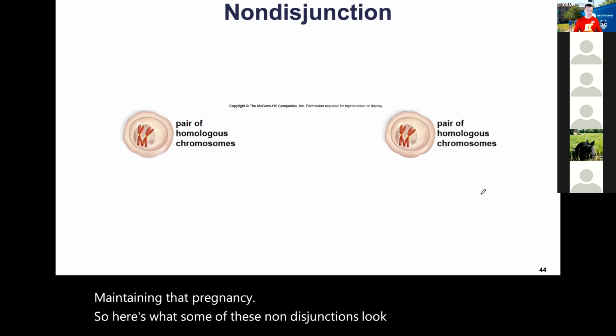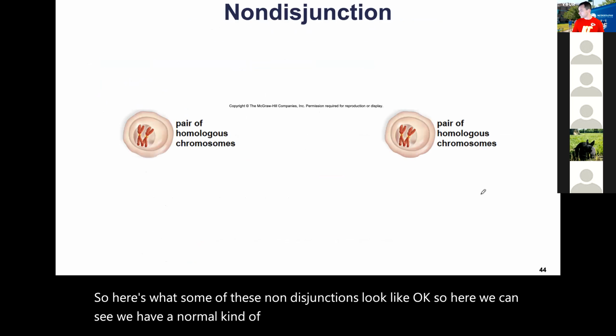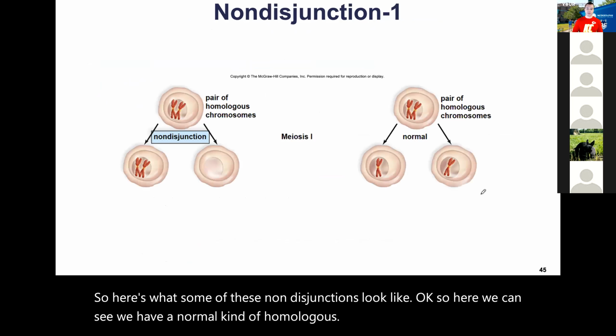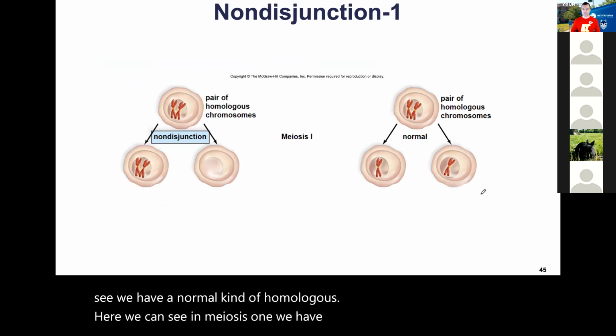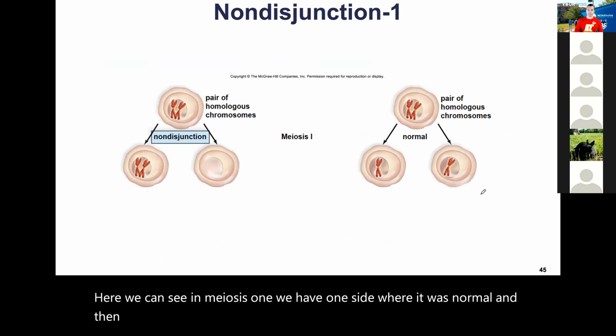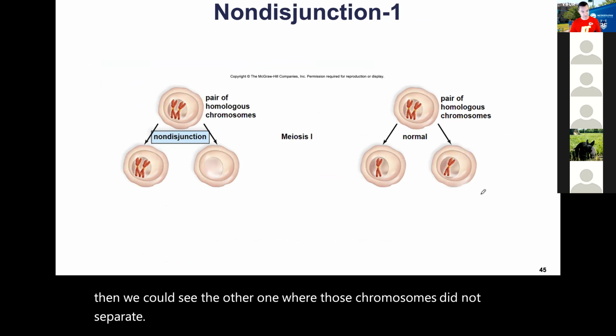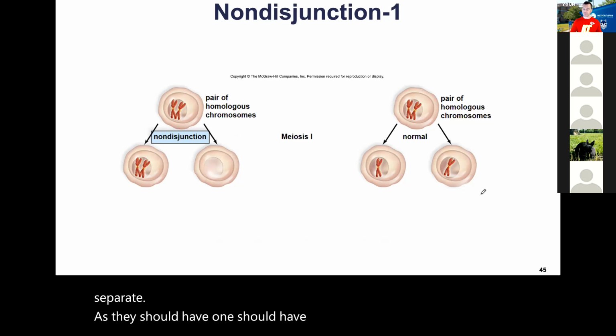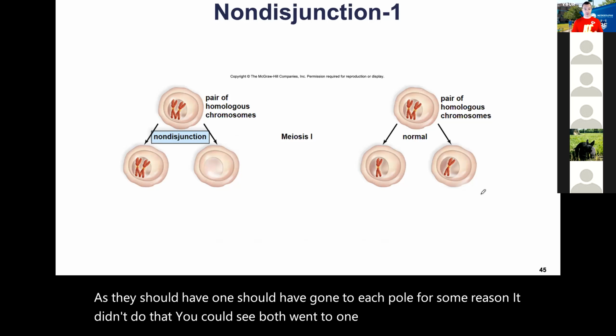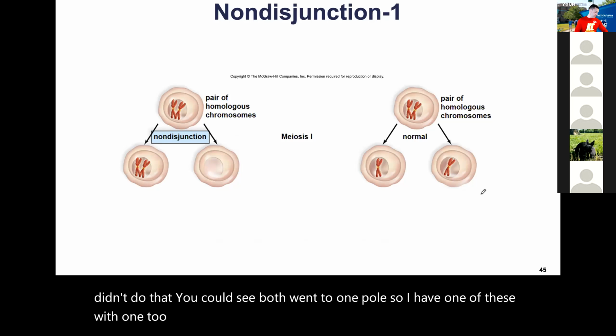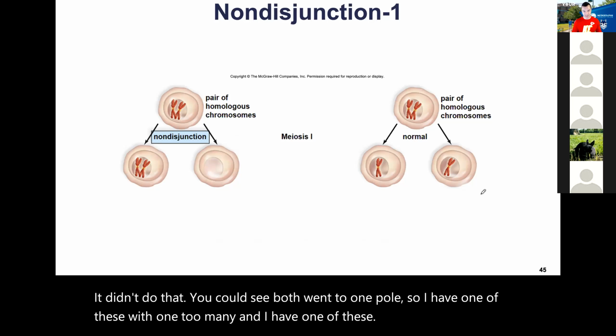So here we can see we have a normal homologous. Here we can see in meiosis 1, we have one side where it was normal, and then we can see the other one where those chromosomes did not separate as they should have. One should have gone to each pole. For some reason, it didn't do that. You can see both went to one pole. So I have one of these with one too many, and I have one of these with not a dang thing in it.